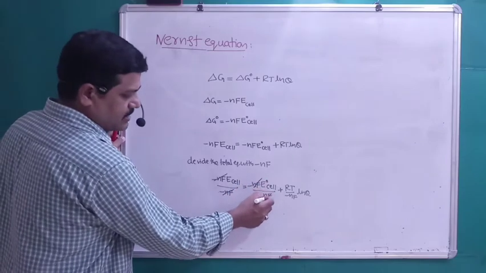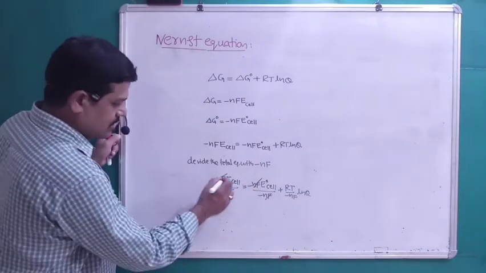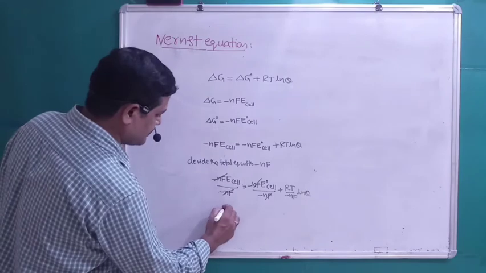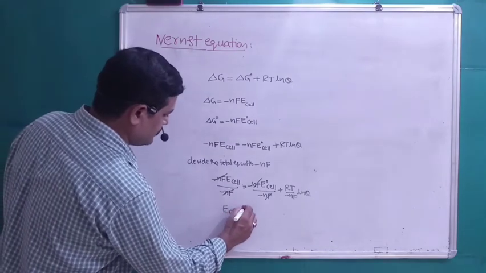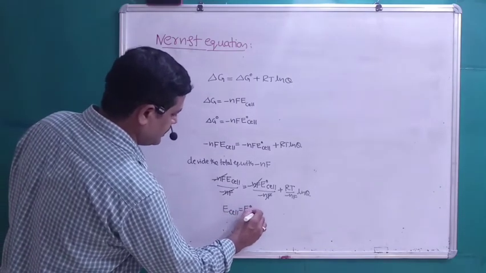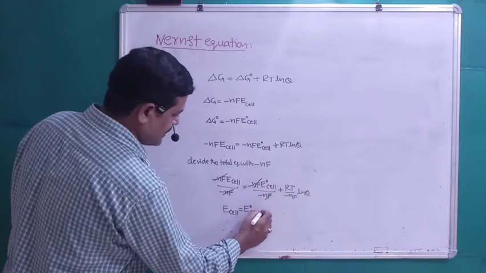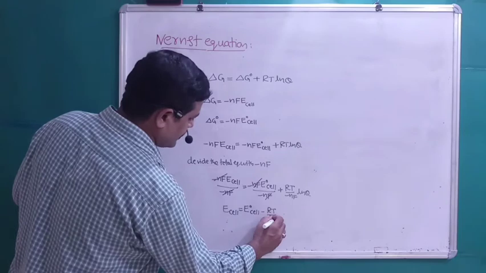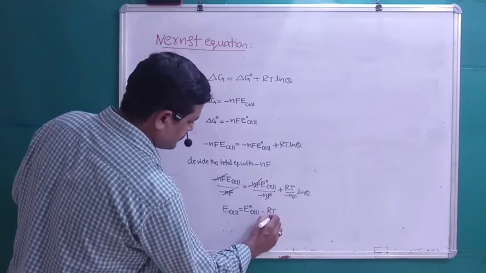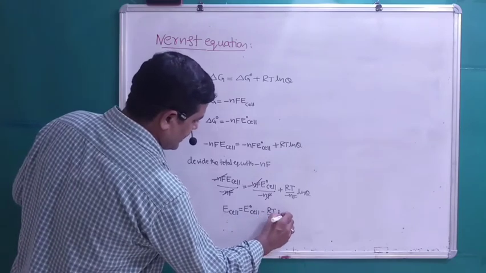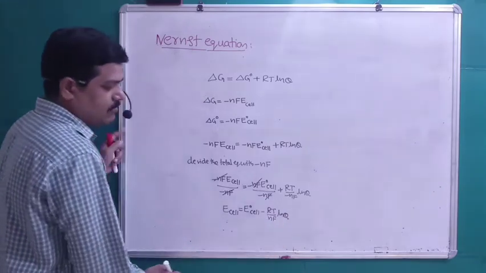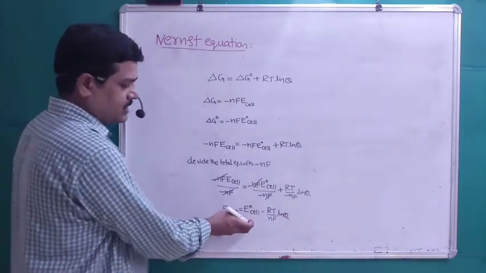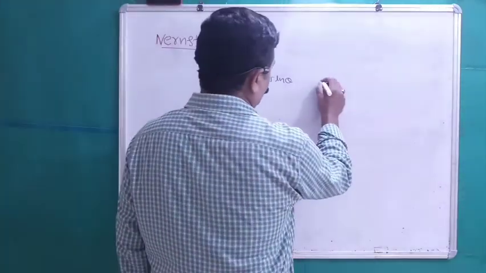The resultant equation we get is E cell is equal to E naught cell, and plus divided by minus is minus, so minus RT by nF into ln Q, right?